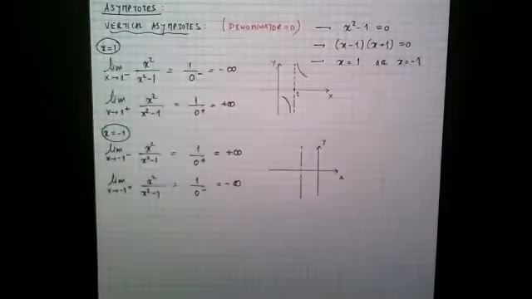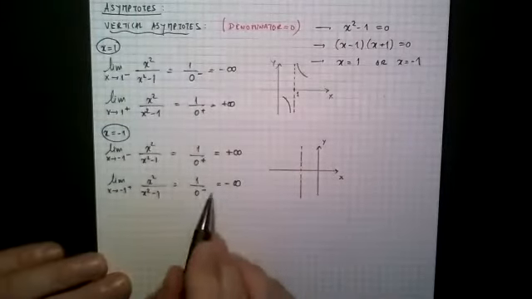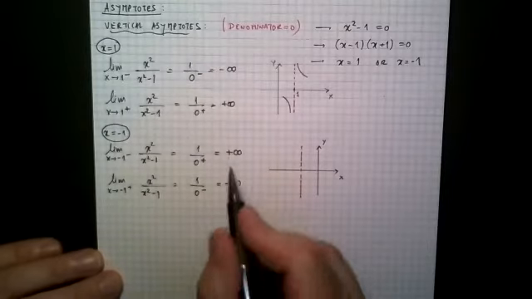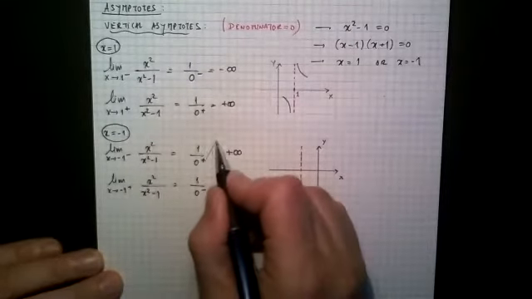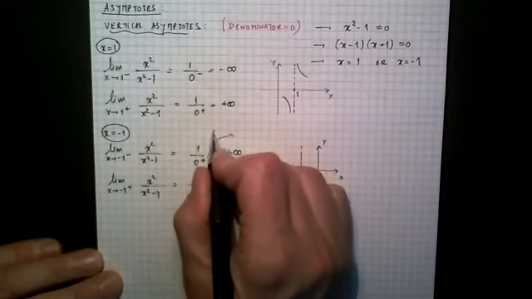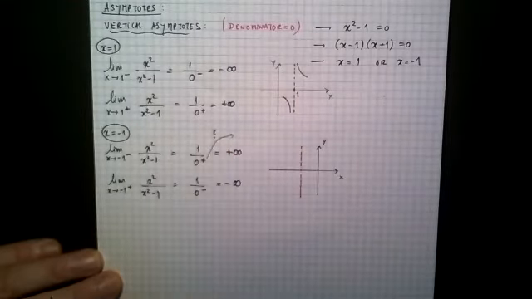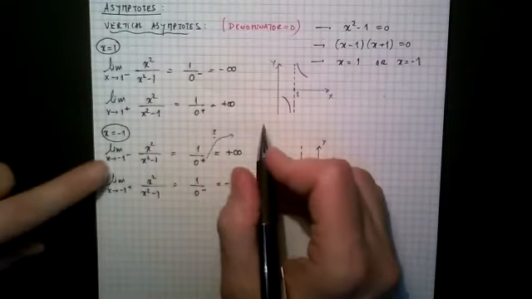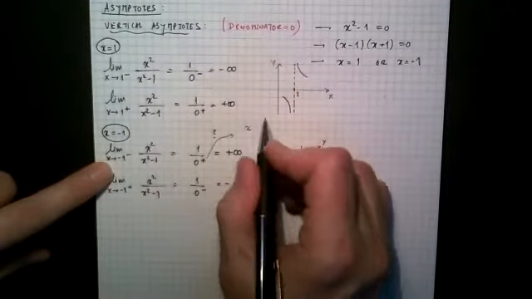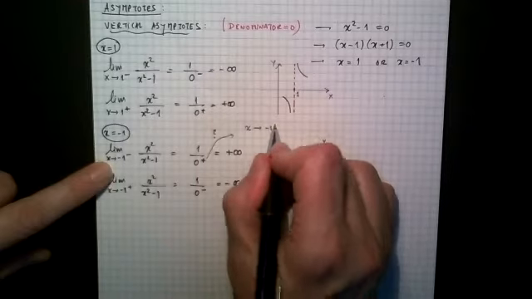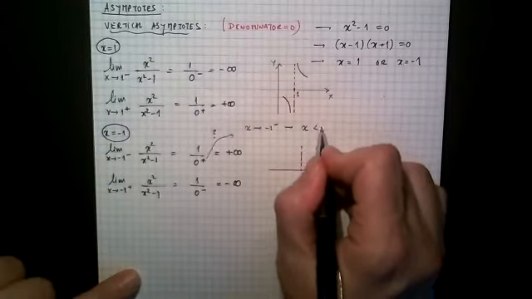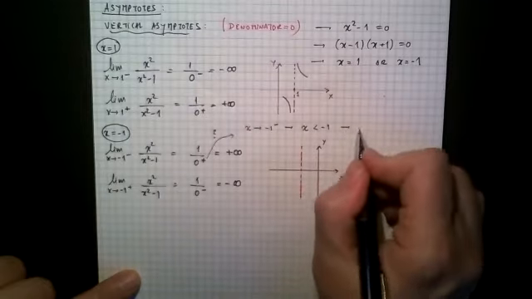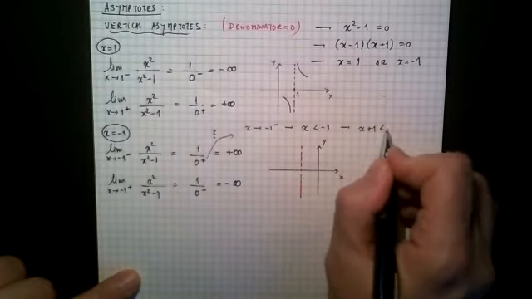Okay, so let me see, for this one here, where it's from the left. That's your question, right? Okay, so x is approaching -1 from the left, which means that x is less than -1, which means that x plus 1 is negative.